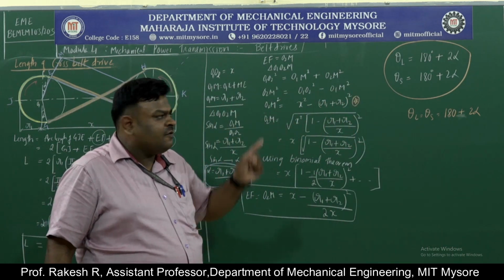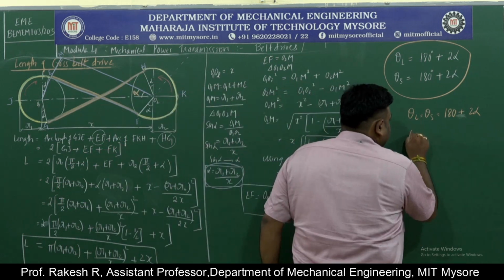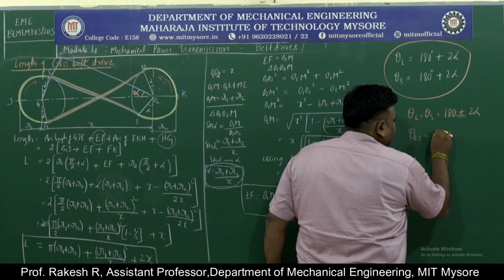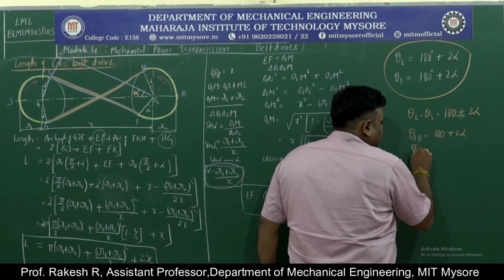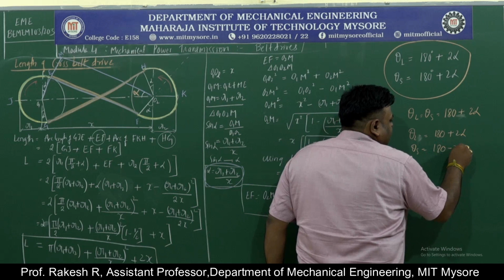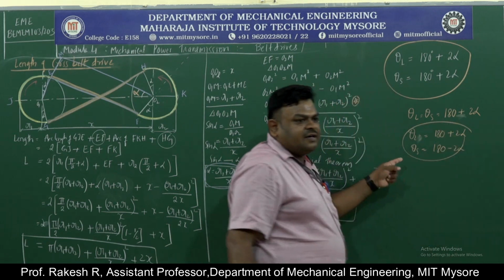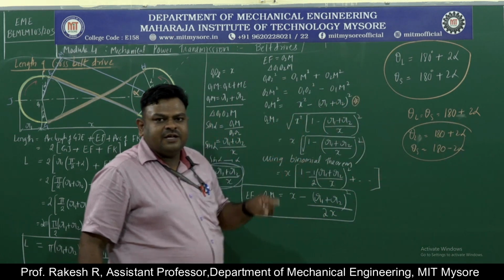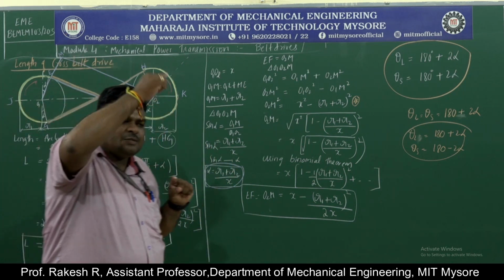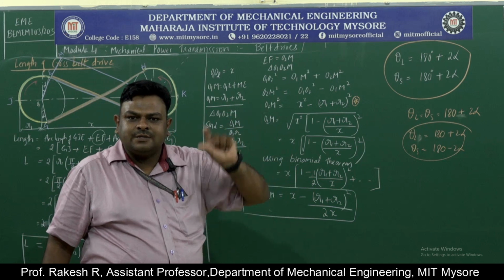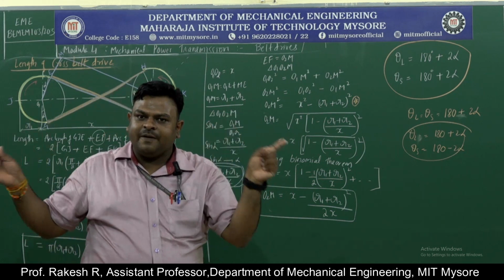Whereas in case of open belt drive, theta large and small will be 180 plus 2 alpha if it is a larger pulley. For smaller pulley, 180 minus 2 alpha. And sin alpha is (R1 plus R2) by X in case of cross belt drive, whereas sin alpha is equal to (R1 minus R2) by X in case of open belt drives.